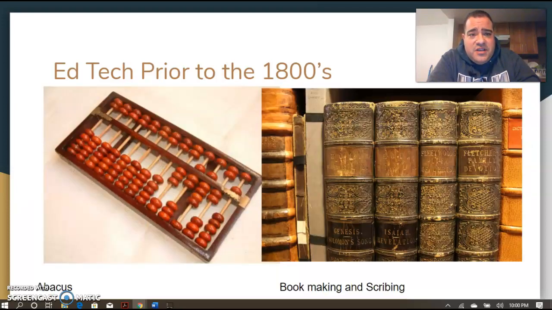And eventually, that led to the rise of additional tools, including books, people making books, scribing information. This is a technology because this was able to help spread the knowledge of others across vast audiences.